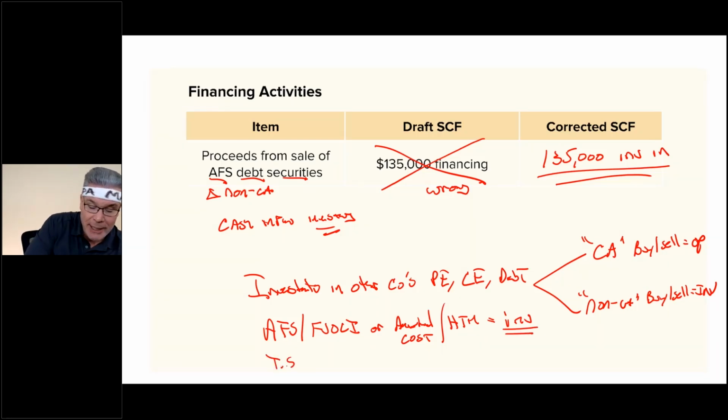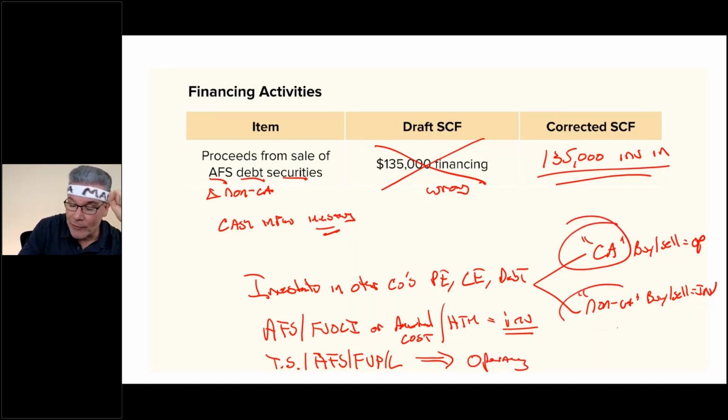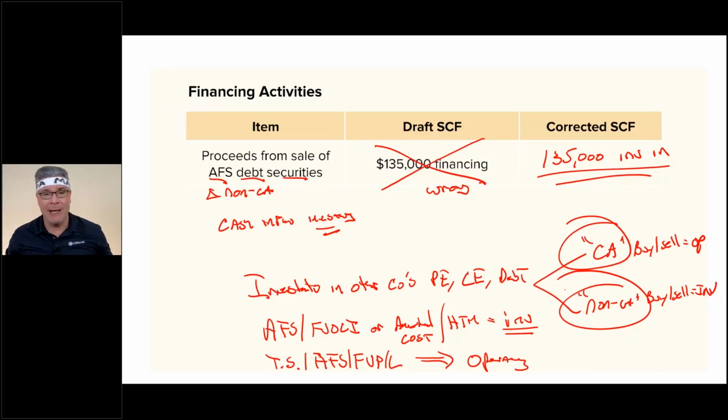When you see trading security or fair value through P&L, absent any other information, operating. But what controls is whether they're listing it as current or non-current.